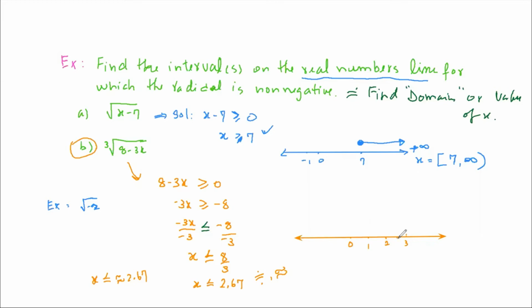So you write it about here. So this point 2.67 is underneath here, okay? Because the sign is less than or equal, you write the black dot, and then go to the left, because it's less than.